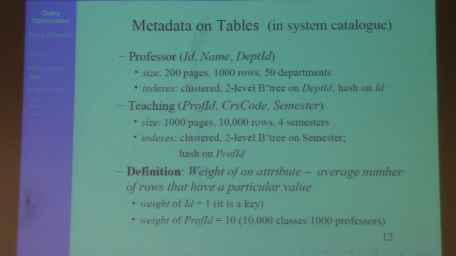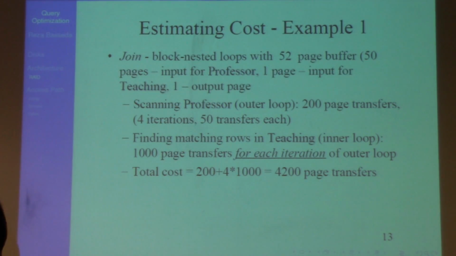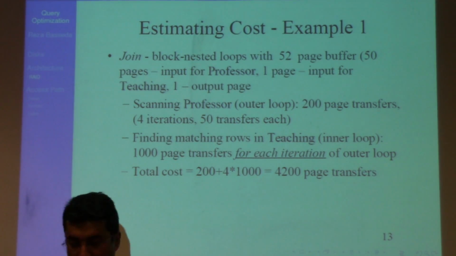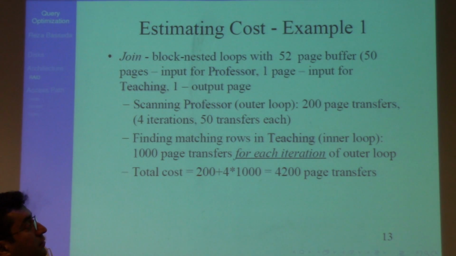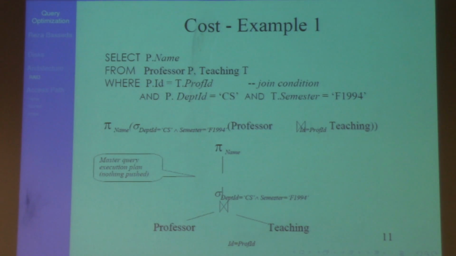So suppose that we are running the first plan. As Shweta told, we will have block nested loops. What is the cost of the block nested loops for this natural join?